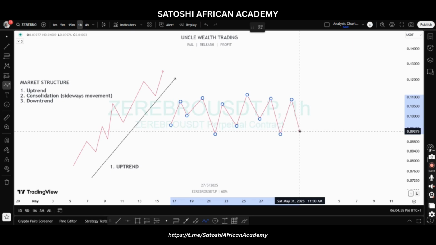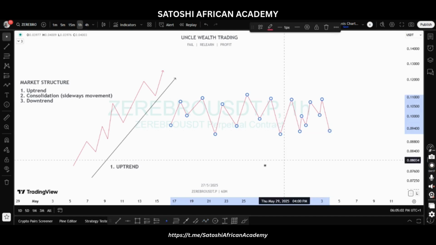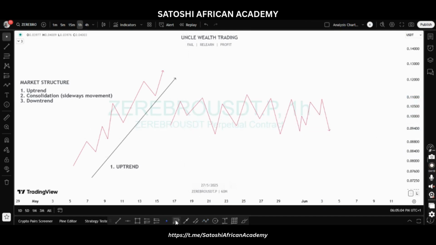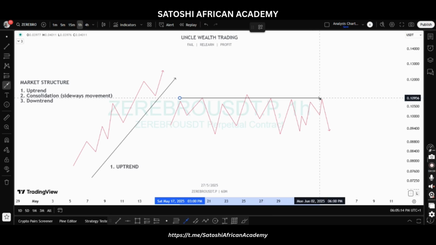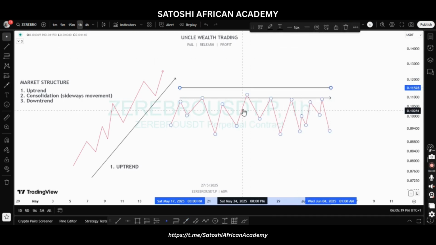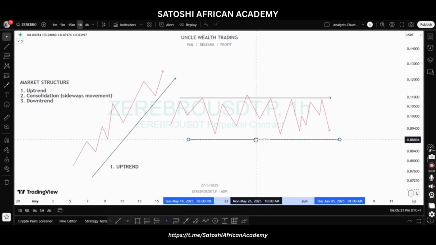And what is common about this is that we are going to see that the market is creating roughly equal highs and roughly equal lows.